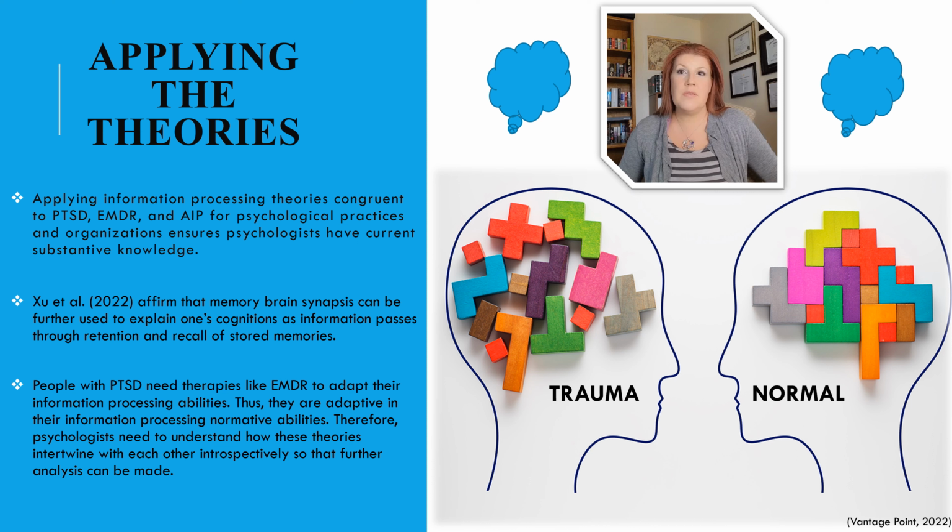Thus, they become adaptive in their normal information processing abilities. Therefore, psychologists need to understand how these theories intertwine with each other introspectively so that further analysis can be made.